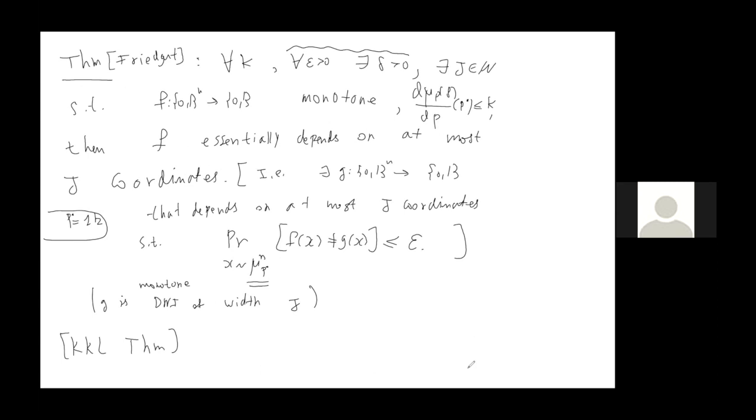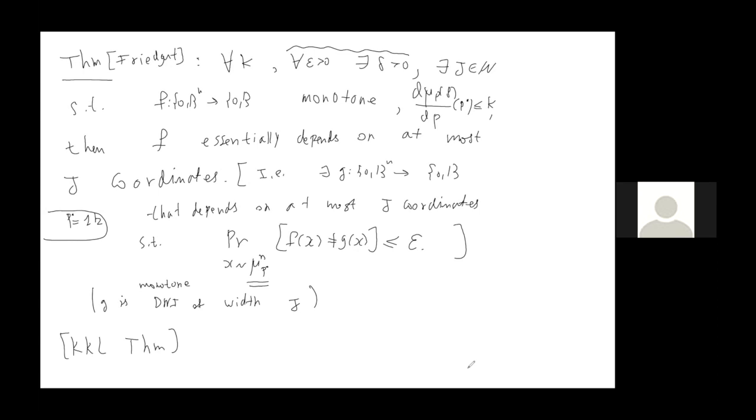What I'm trying to say here is that Friedgut's theorem tells you that if you don't have a sharp threshold, then you depend on a few coordinates. And in particular, you can take these coordinates, fix them to your favorite value, and get that your function is either very close to 0 or very close to 1. But the important feature is that it really changes the function.